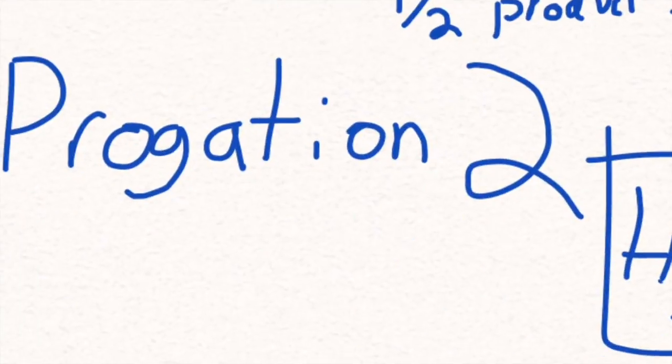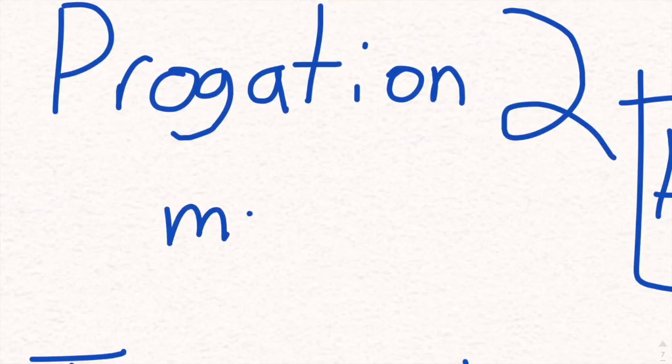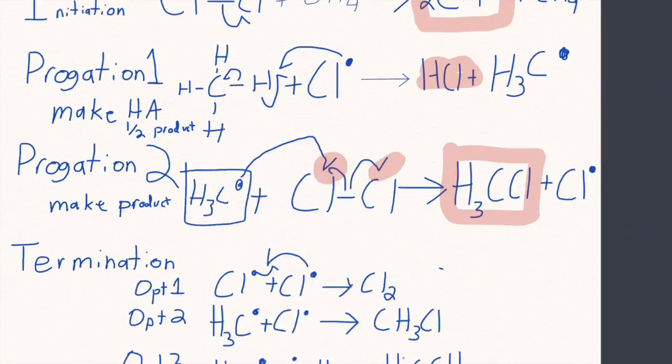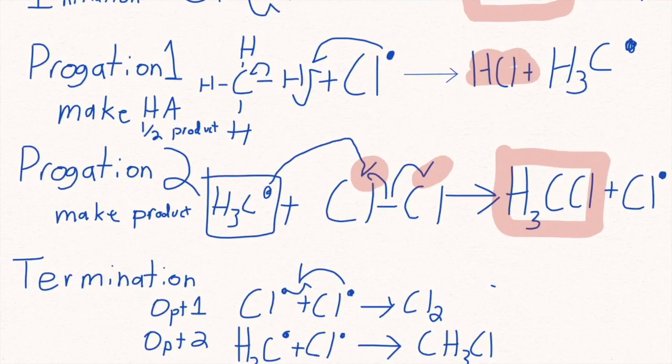In propagation 2, we make our product and we also get propagation 1 going back again. That's why they're propagation 1 and 2, because they can just keep building off of each other. So now you can use this free radical and go back here.